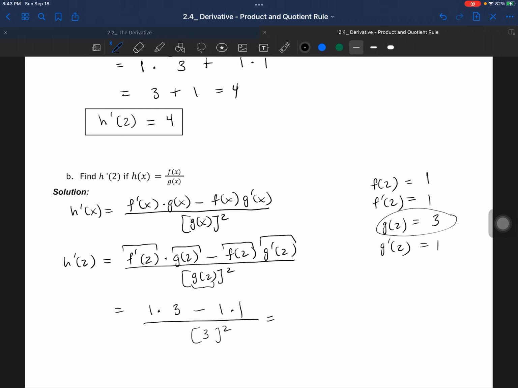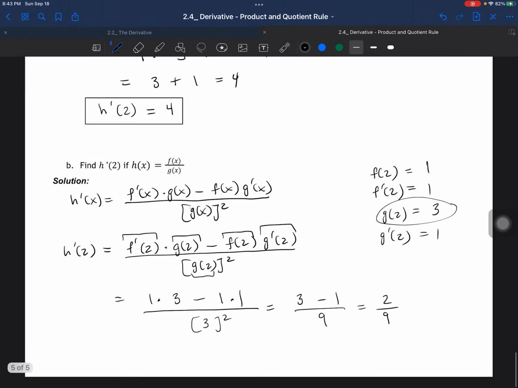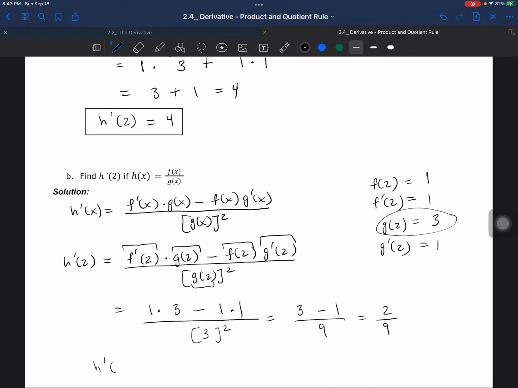You're going to square that value. That's your 3, and then you square it. And so we have 1 times 3 is 3, minus 1 times 1 is 1, all over 3 squared is 9. So we end up getting 3 minus 1 is 2, all over 9. So h prime of 2 is 2 over 9.